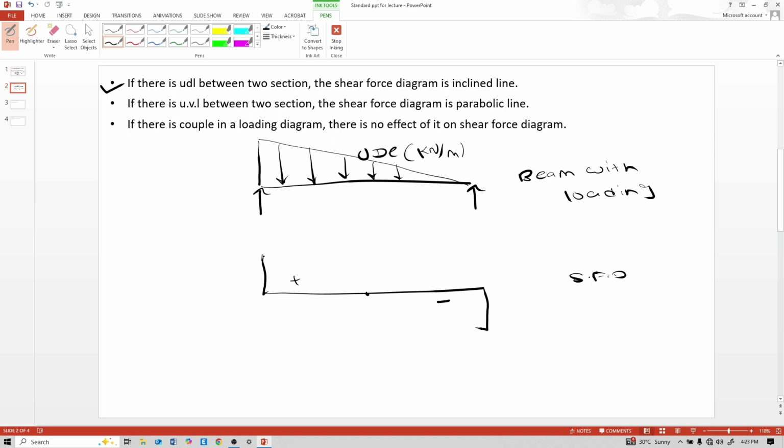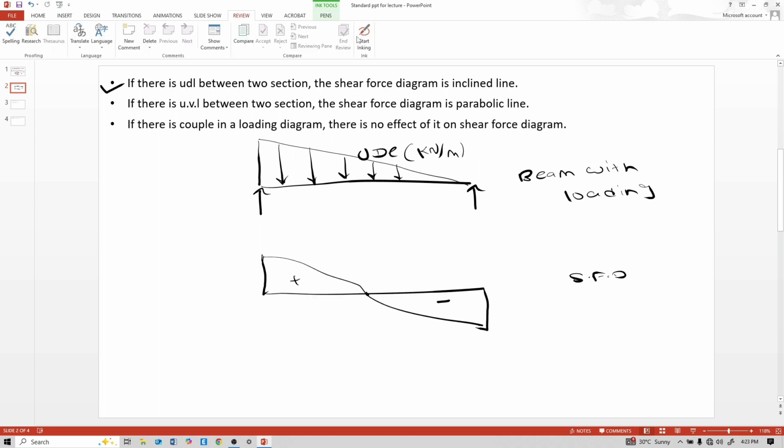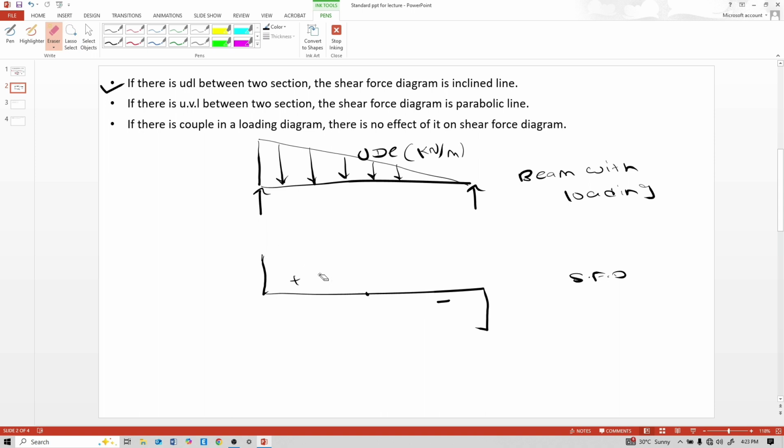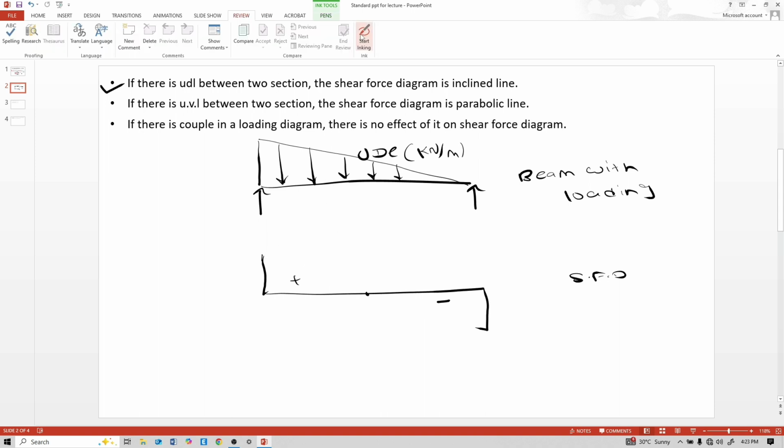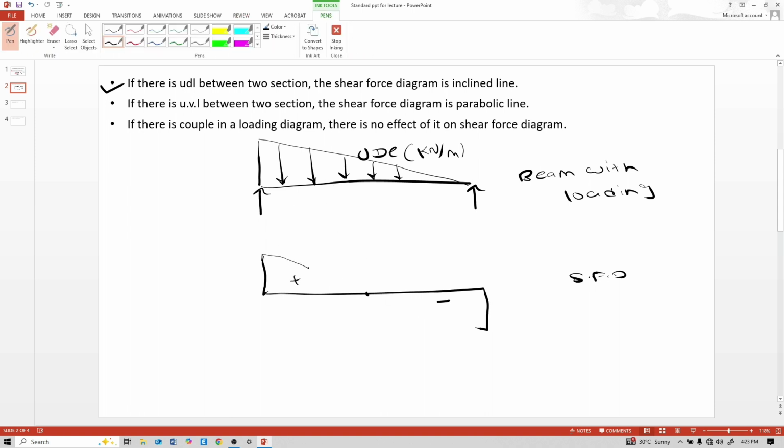So the shear force diagram is parabolic, that means like this. Not a straight line, a parabolic line.